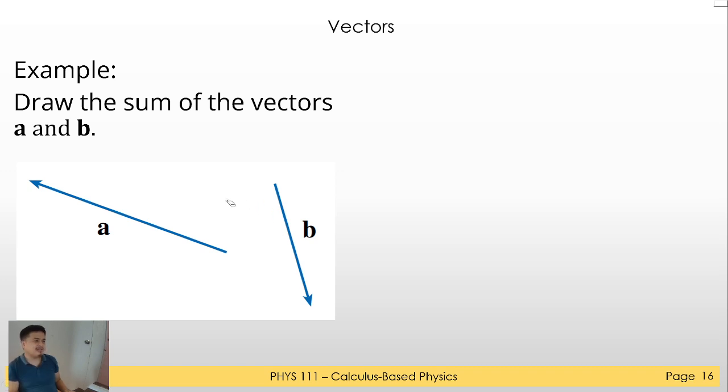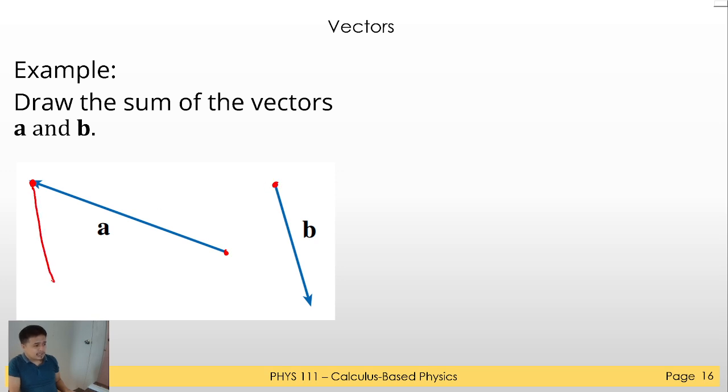So let's say we have a given vector a and b. If we add this vector a and b, we could have this a and b connected to each other. So let's say this a, this is b. We start with the initial point of a to the terminal point of a, and then at the terminal point of a, we have to connect the initial point of b.